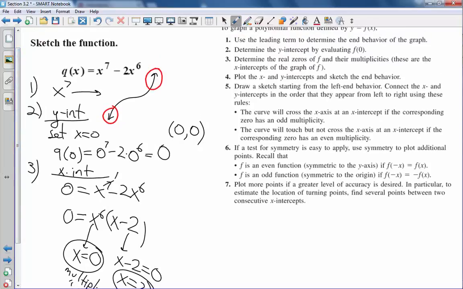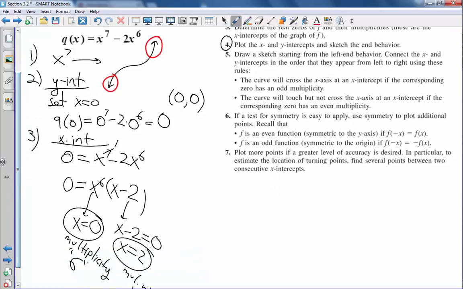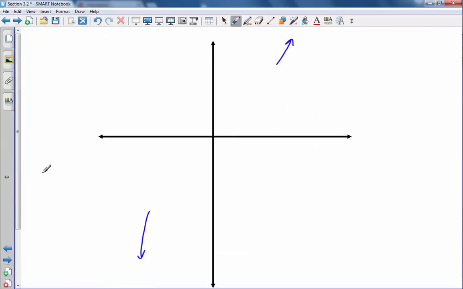I'm going to now carry the information we got in number 2 and number 3 both into the picture. That's actually what it says here. In step 4 it says draw what you obtained so far into the picture, but I've been doing that already. We just didn't do number 2 and 3. Let's do number 2 and 3. So in number 2, the y-intercept was 0, 0.